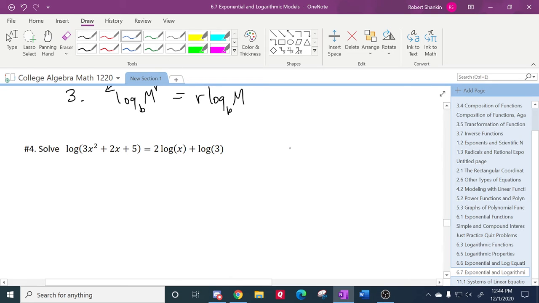So, before I do this one, let me just emphasize something. If I had log x equals log of 4, if x was 5, no way these are equal. Plug them into your calculator, you get different values. The only way this could be true is if x and 4 are equal.